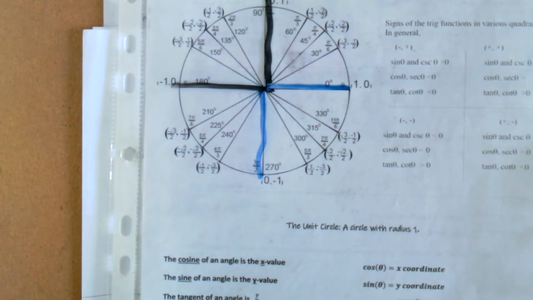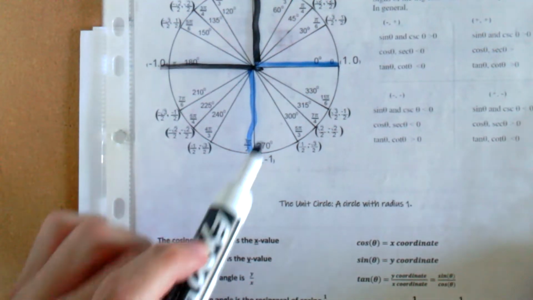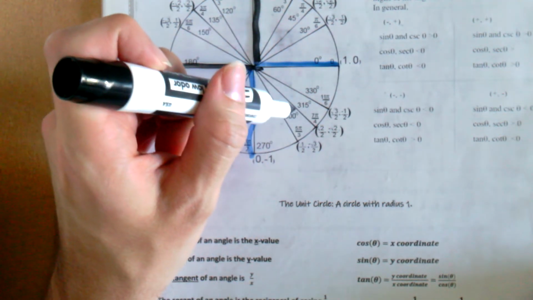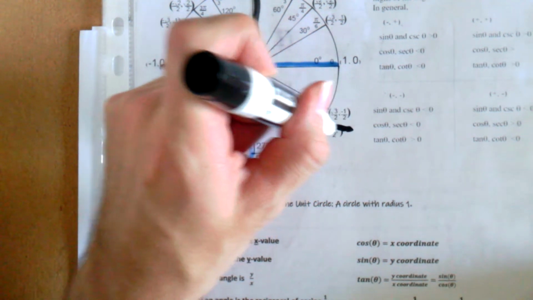Okay, now let's try to figure out which angle it is. We know our answer, when we divide the x by the y, gives us negative square root of 3. So we should be seeing a square root of 3 somewhere in our coordinates. So that tells us that 315 degrees, for example, can't be our answer because it doesn't have a square root of 3 in it.